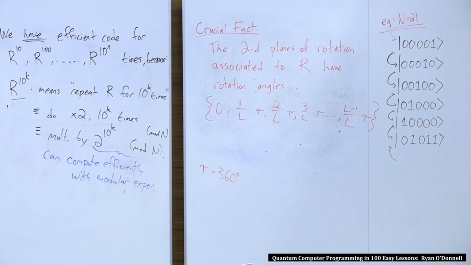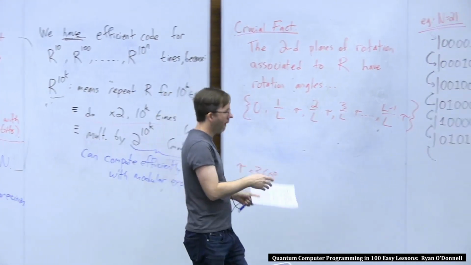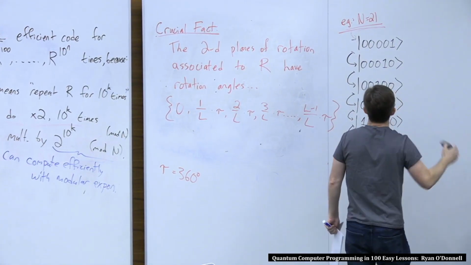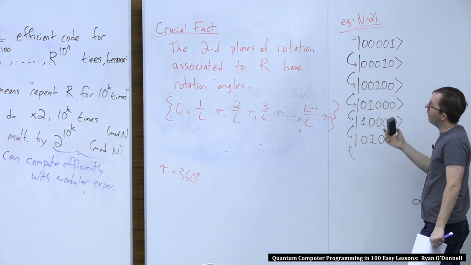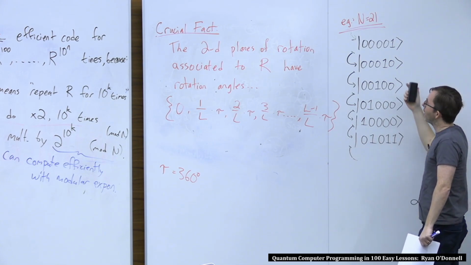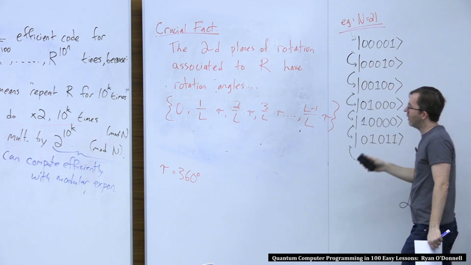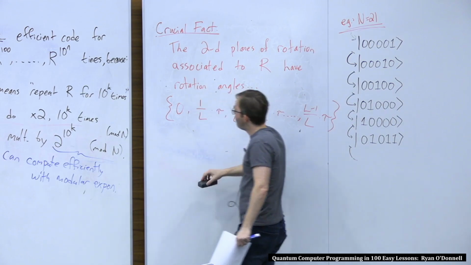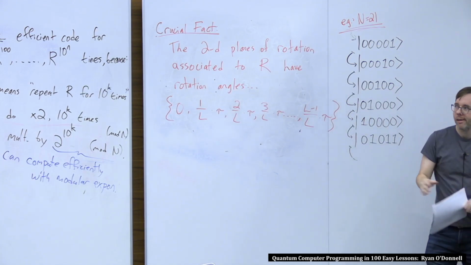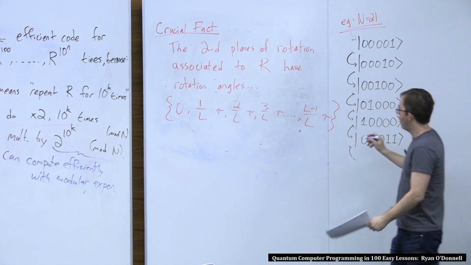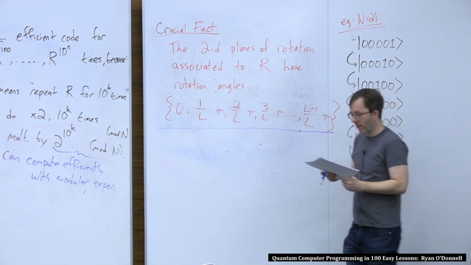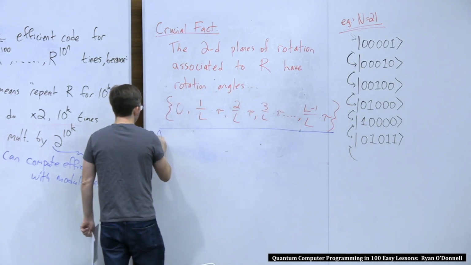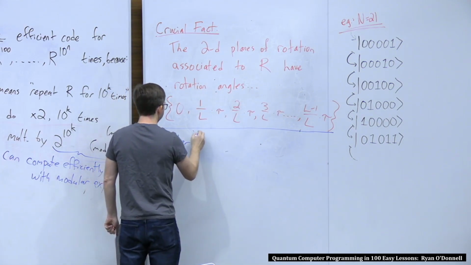And basically, the only thing we're going to know how to do is take this basic state that corresponds to 1, which is the only state that we're sure is in this cycle. And it will have different amounts of projection onto all these 2D planes. So let me just write another fact that we'll have to prove next time.